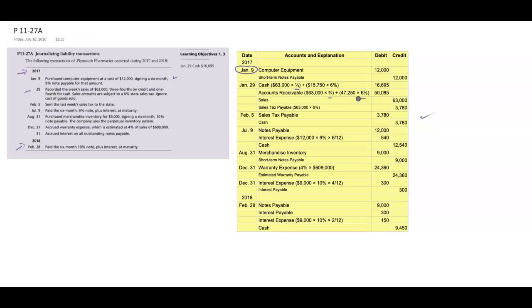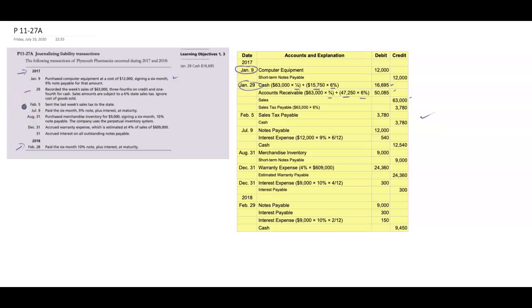The people that pay you in cash are going to pay also 6% on that portion, 1/4 of the sales, as sales tax, and then the remaining amount is also 6%, but it's going to be part of the receivable. And so that's how you end up with these amounts for that transaction on the 29th.